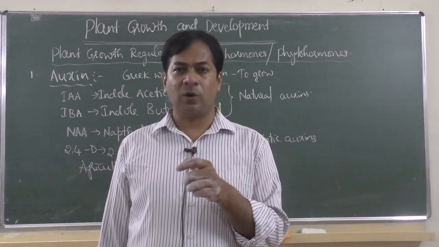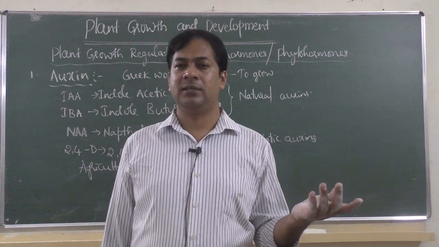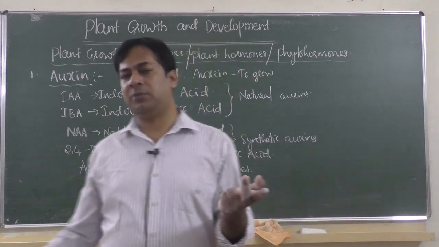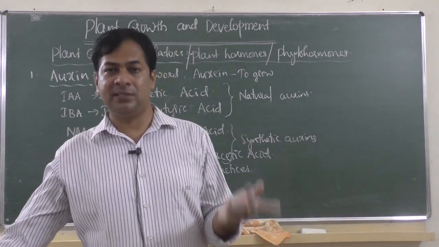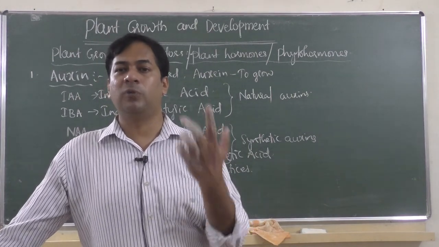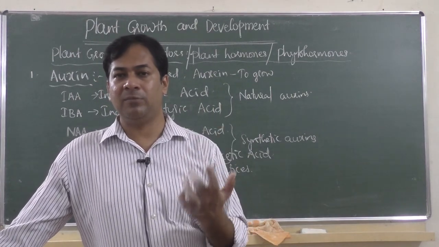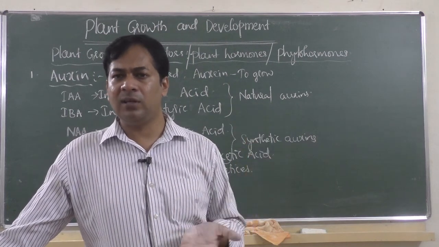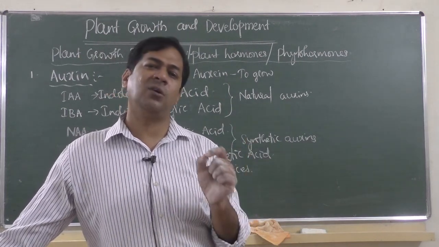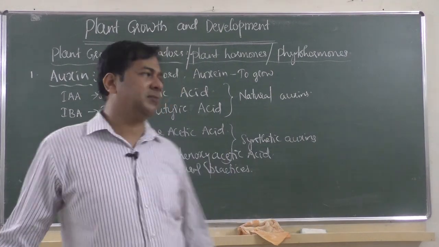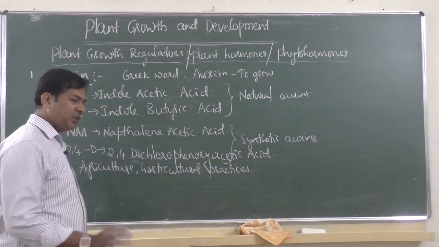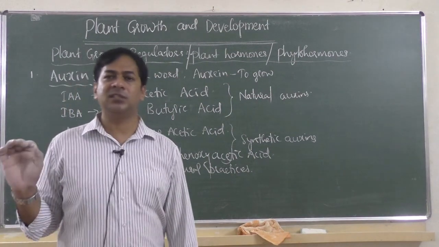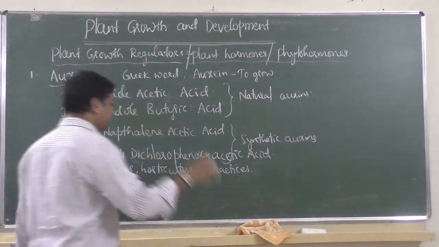Physiology means all the processes that happen in the plant, like photosynthesis, respiration, then minerals taken, then transport of water and food through xylem and phloem. All these, and plant growth and development, are physiology. How this hormone helps the plant to grow, we will see now. So it is under the heading functions of auxin or physiological effects of auxin on the plant.